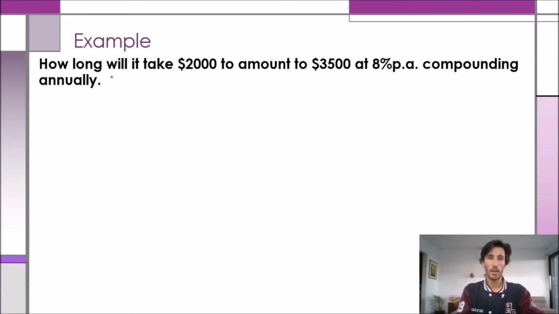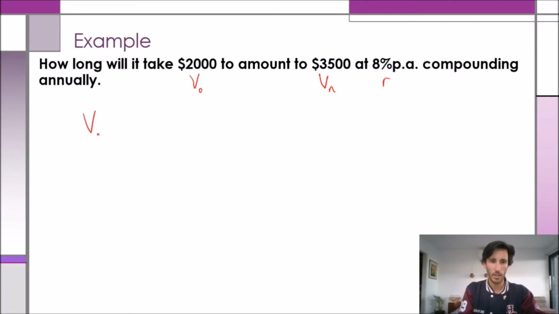All right, how long will it take 2,000 to amount to 3,500 at 8% per annum, compounding annually? All right, so when you see compounding annually, you're very happy. You don't have to do anything extra. You just do your basic, this is V0. We're trying to amount to 3,500, so this is our future value, so this is going to be Vn.